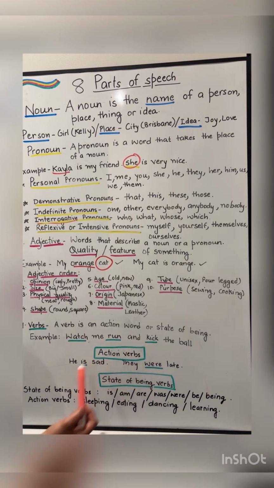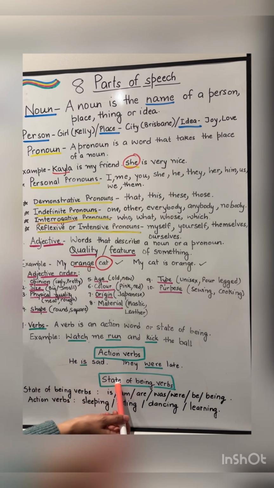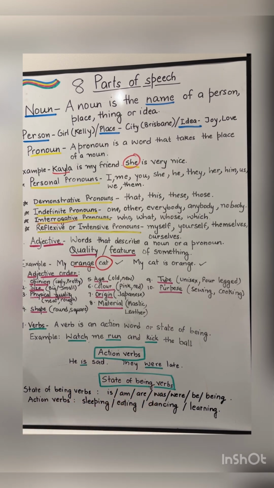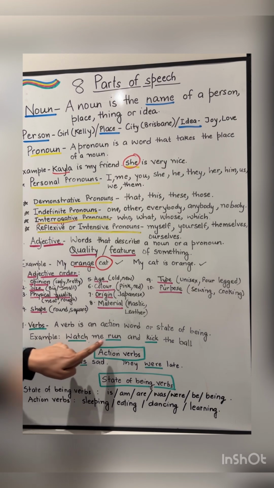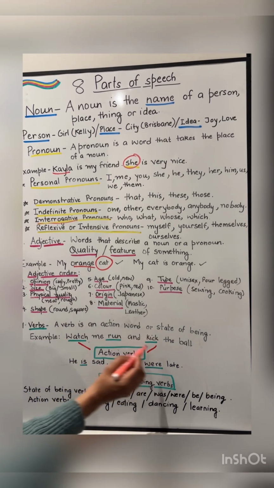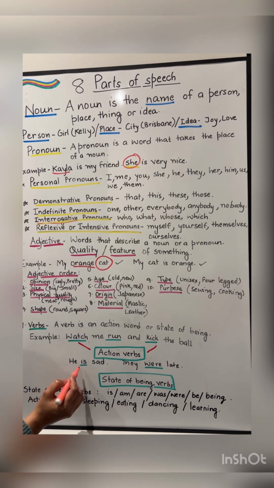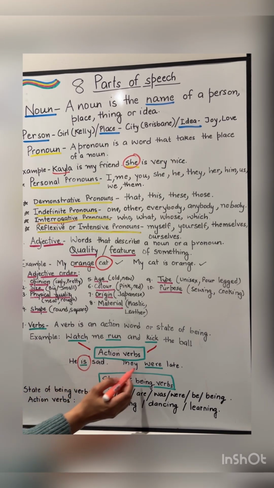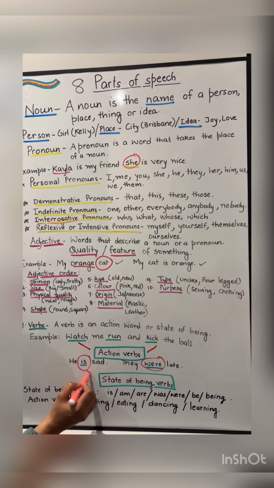So these are the action words, like I said, action verbs or action words. And then we have state of being verbs. Watch, run, kick, these are your action words. When you say he is sad, they were late, they are showing your state of being, how you were feeling.